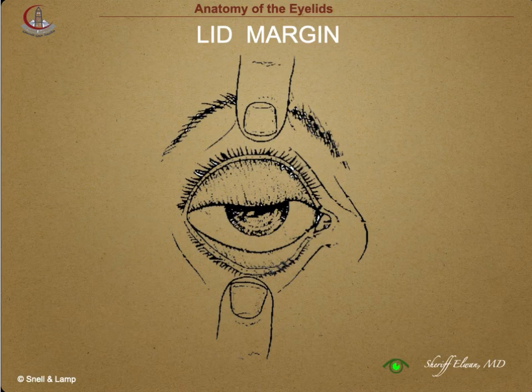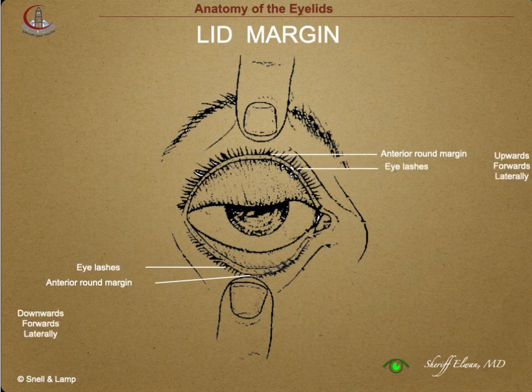Now, this is a diagrammatic presentation of the lid margin, and here is the anterior round margin carrying the eyelashes. The eyelashes in the upper eyelid are directed upwards, forwards, and laterally, while in the lower eyelid they are directed downwards, forwards, and laterally.